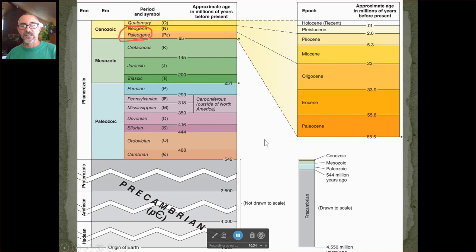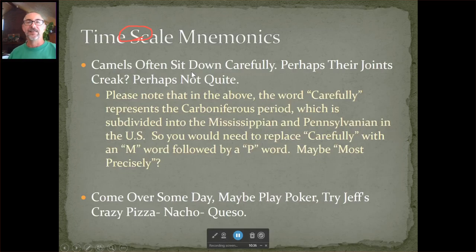If you need assistance in memorizing this, you can use any number of mnemonics that will help you remember it. So the new one, this one up here, is "camels often sit down carefully."